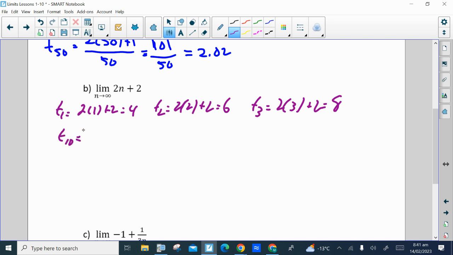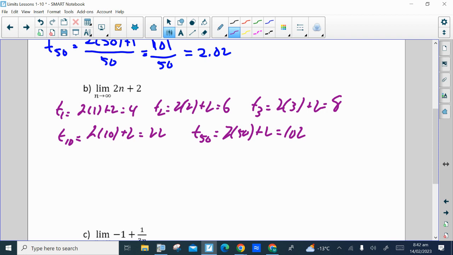If we skip some terms and find the 10th term, that'll be 22. If we find the 50th term, that'll be 102. And I think it's fairly obvious that as n gets larger and larger, the expression will just get bigger and bigger.